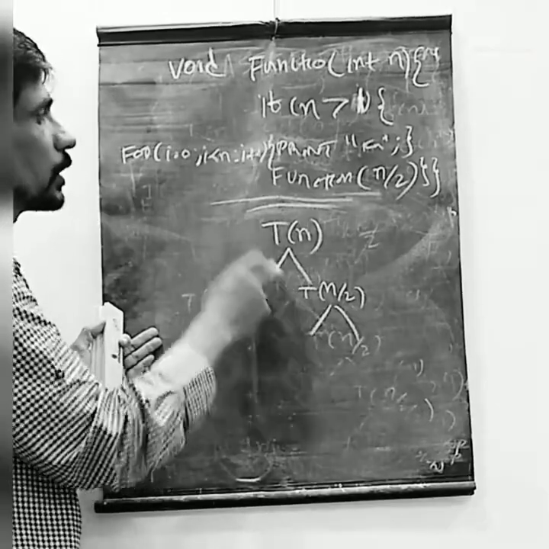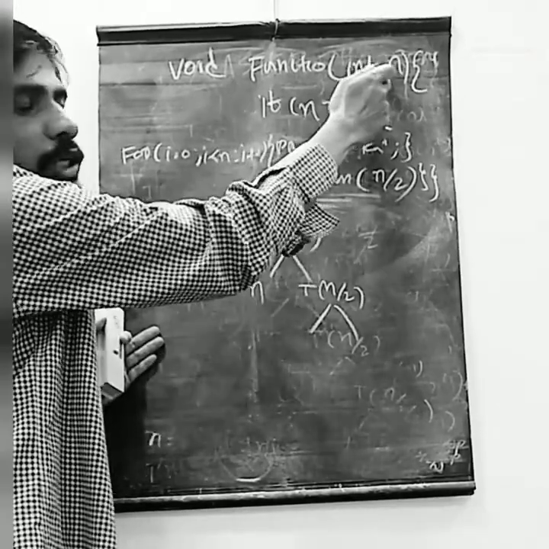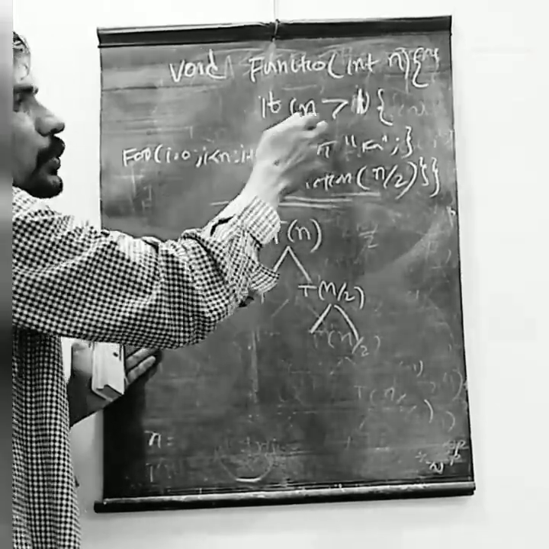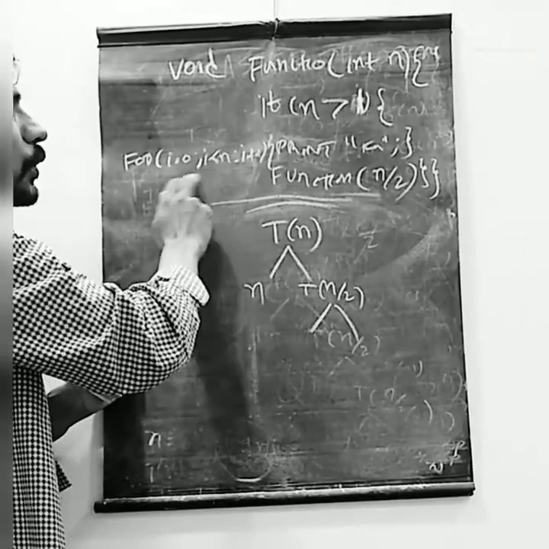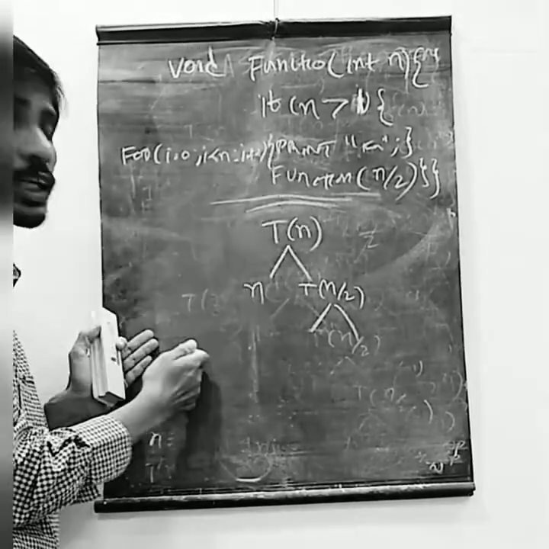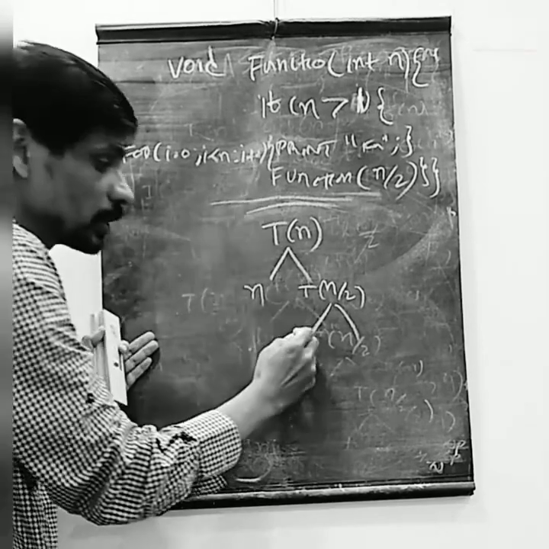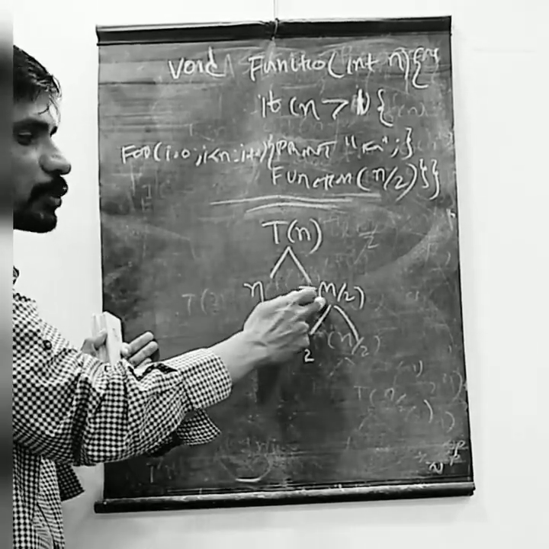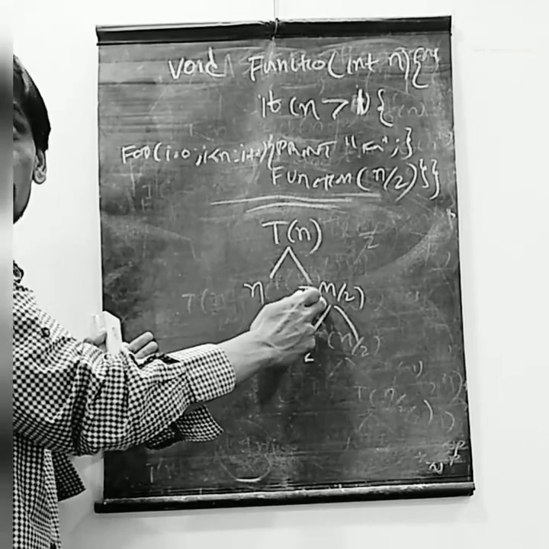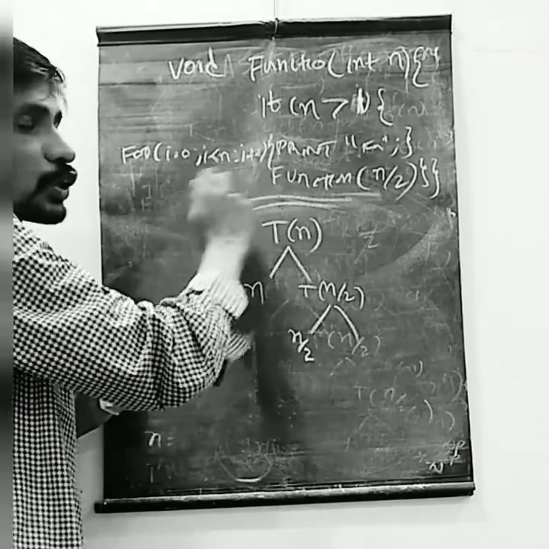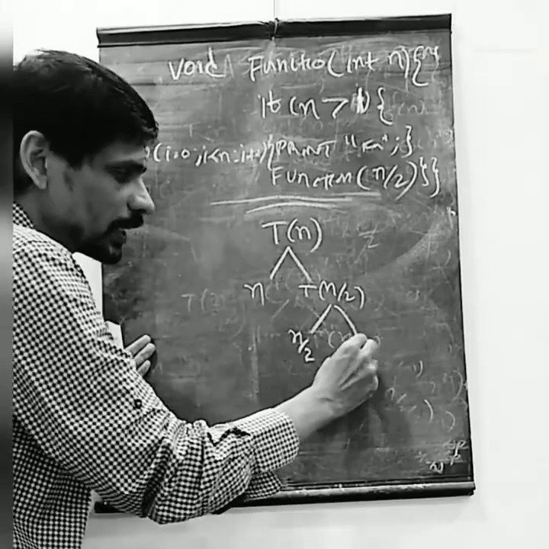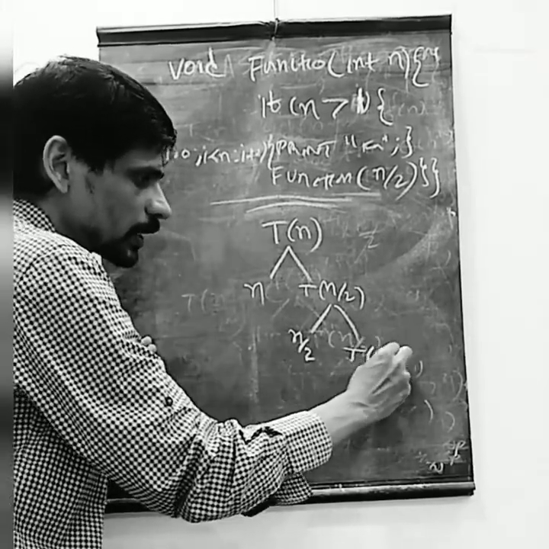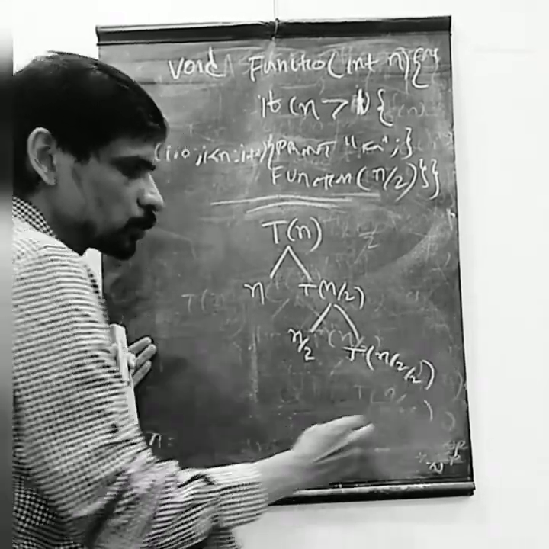After that, n by 2 will come in as the input, and n by 2 is greater than 1. This time it will print n by 2 times, not n times, because my input value is n by 2. The for loop will work n by 2 times, and again I will call myself with n by 2 by 2.